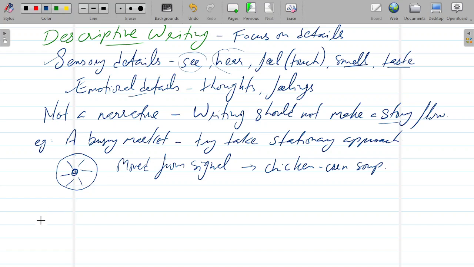So if you're standing across the street, and you see that there's this vendor who's selling chicken corn soup. Now you're not there, you're not eating it, so you can't talk about the taste. How can I sneakily fit in taste into my writing when I'm not eating anything? Right? So for example, you can talk about the reactions of the people at the stall who are eating it.